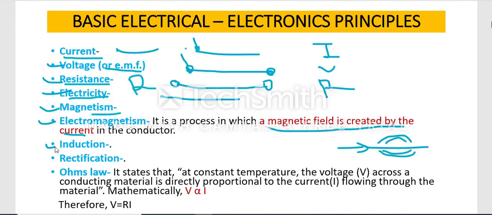It is a process in which a conductor is put in a particular position and the magnetic field keeps varying or stationary, and a conductor is moving. Suppose one conductor or wire is there, and this conductor is moving, and magnetic fields are generated.